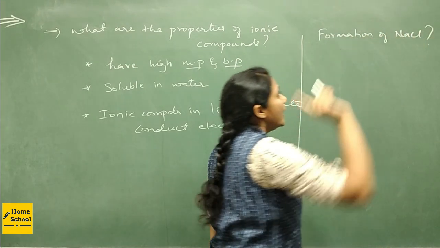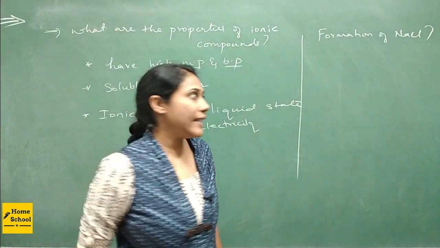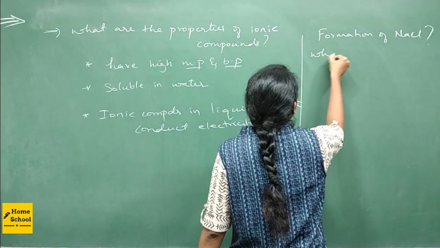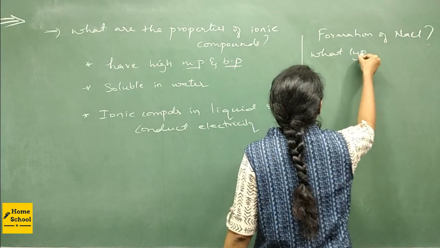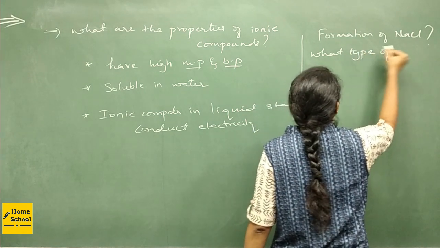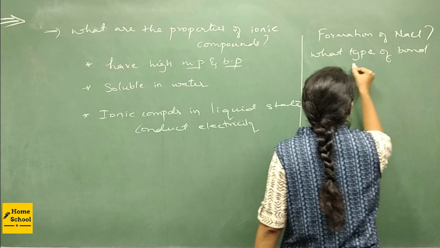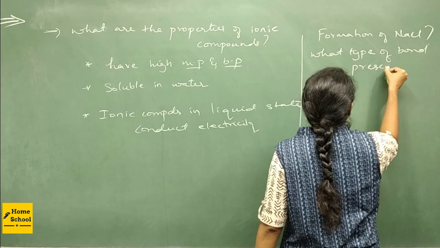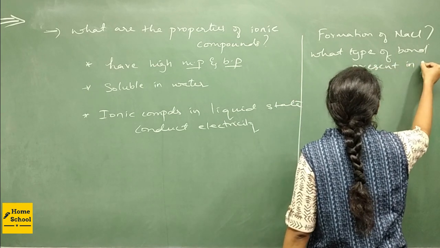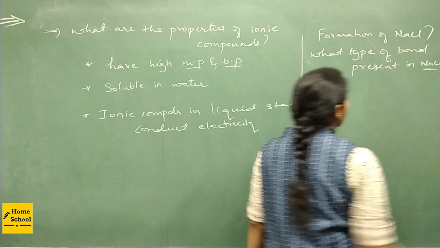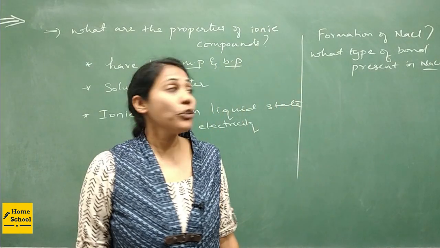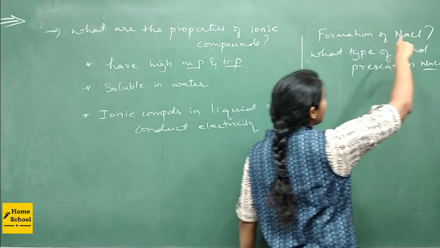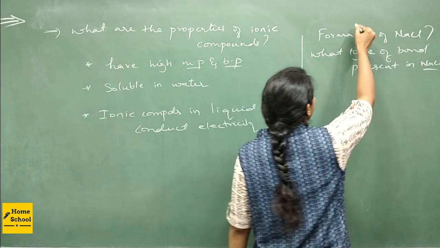Okay, so they'll ask you, explain the formation of NaCl and what type of bond present in NaCl. Okay, so this is what they will ask you. So you have to explain the formation of NaCl by dot structure.